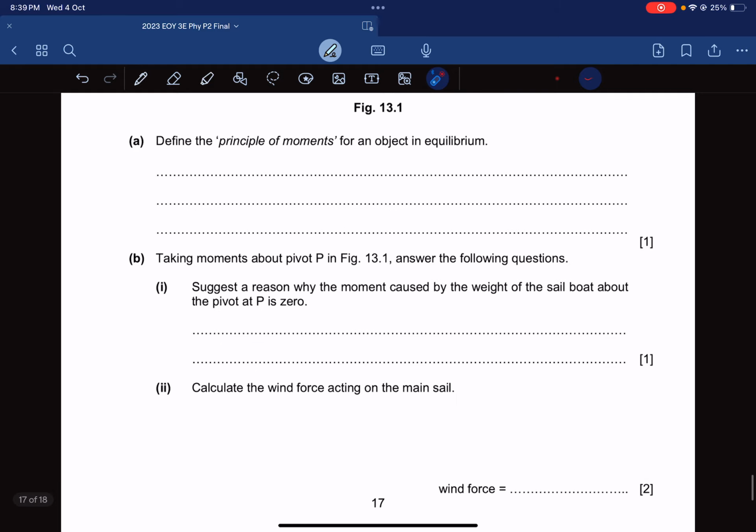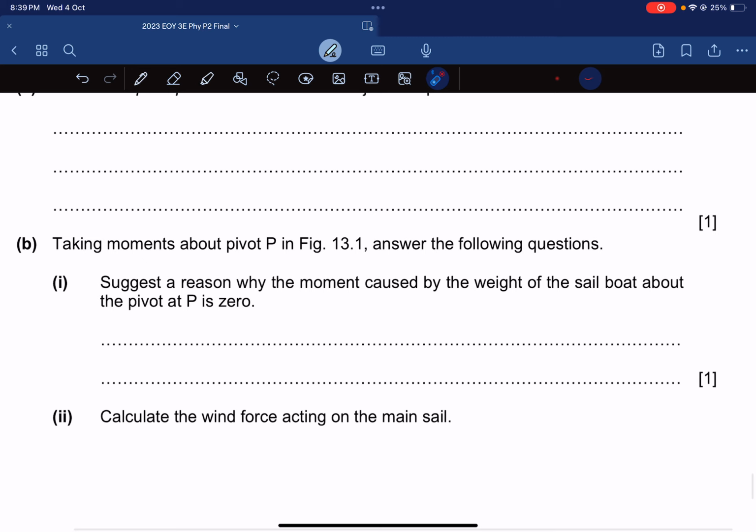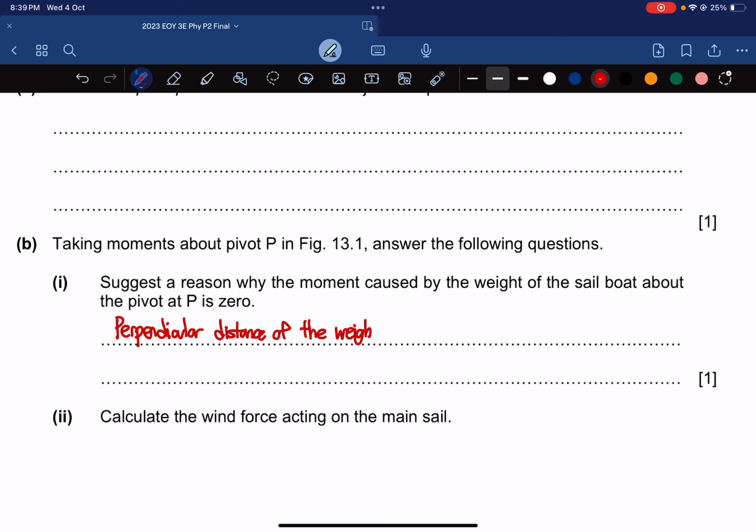So, to answer this question, very simply, you can say that the perpendicular distance of the weight to the pivot is 0, and therefore you must link to the question, which is why the moment caused by the weight is 0.